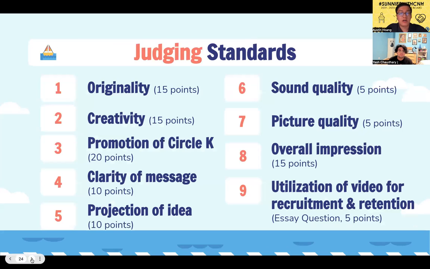And so here are the judging standards the judges will refer to when evaluating your club's video submission. The overall originality, its creativity, how you promoted Circle K and the 3 tenets, how clearly conveyed the intended message of the video was, how you projected ideas, the overall quality of the video, pictures, and sound, and the overall impression an audience member will take away from the video.